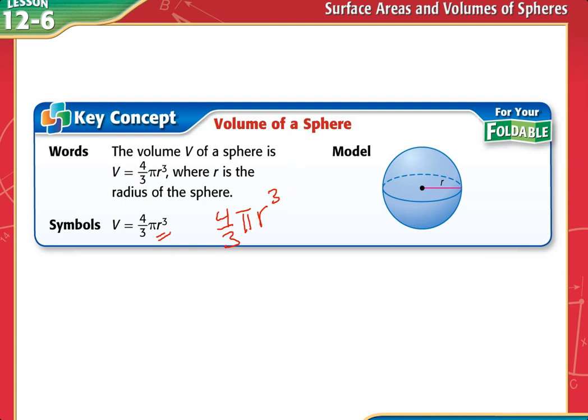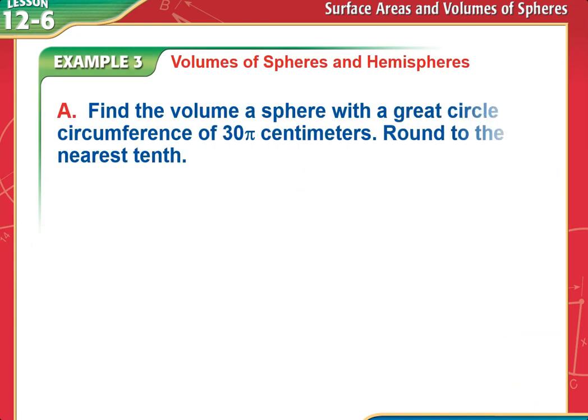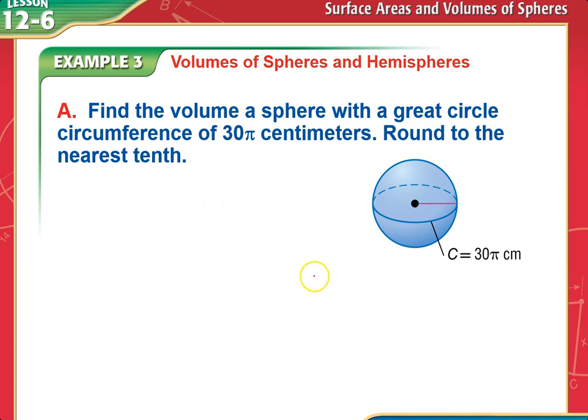Okay. Example number 3. Find the volume with a great circle circumference of 30 pi. Okay, so we know we're going to use 4/3 pi r cubed.